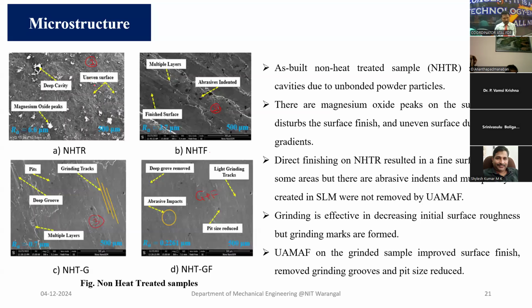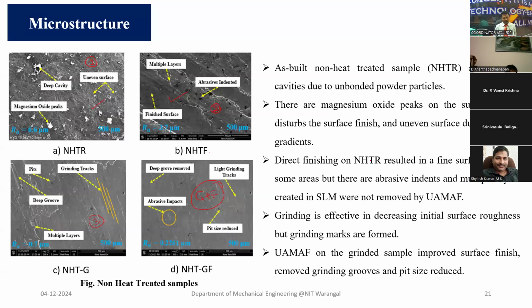So we took 4 samples. This is the as-it-is sample. This is the directly finished sample by UAMF, and this is the sample finished by the grinding process, and this is the sample finished by grinding plus finishing. If you observe this one, actually this is giving the better result, even from the microstructure you can see.